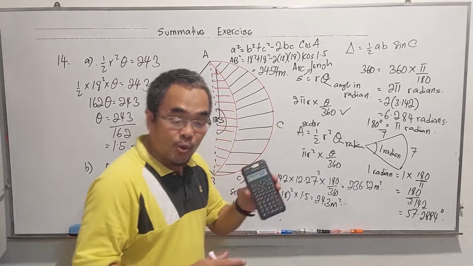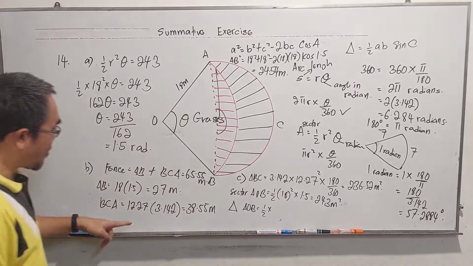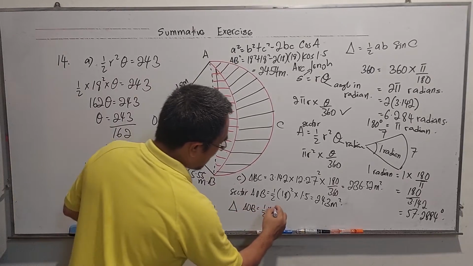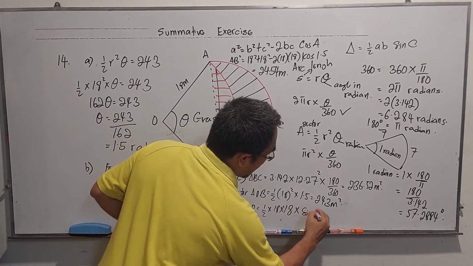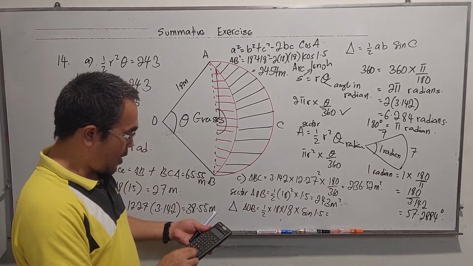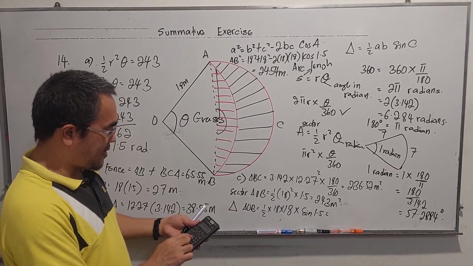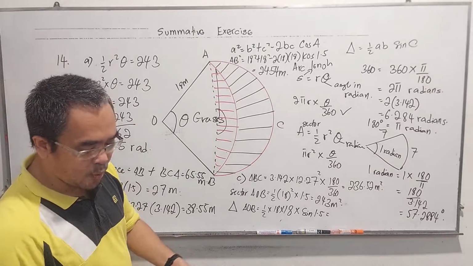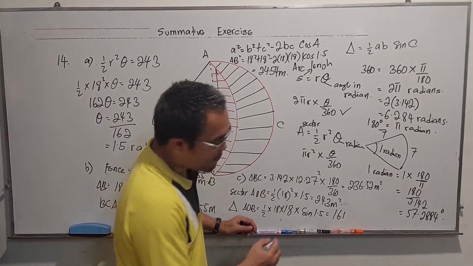If you are not using sine, it doesn't matter whether you use rad or not. But in this case it is 1 over 2 times 18 times 18 times sine 1.5. That is 161.59.